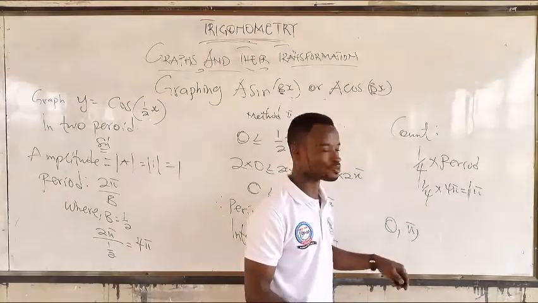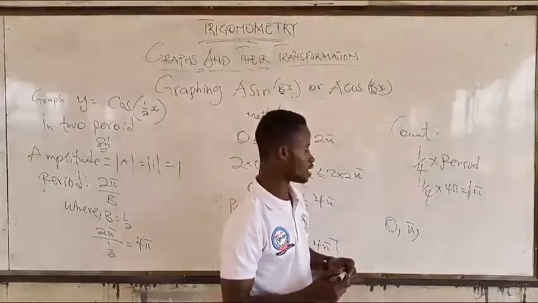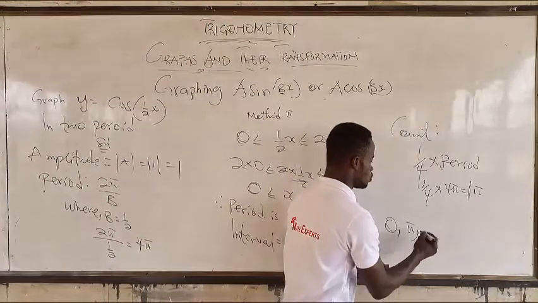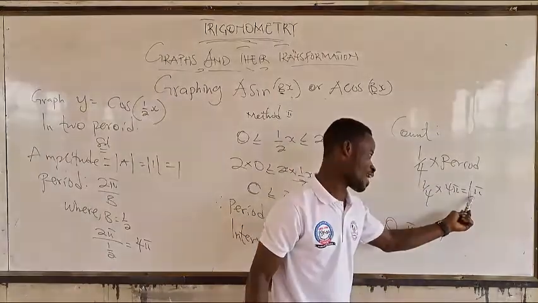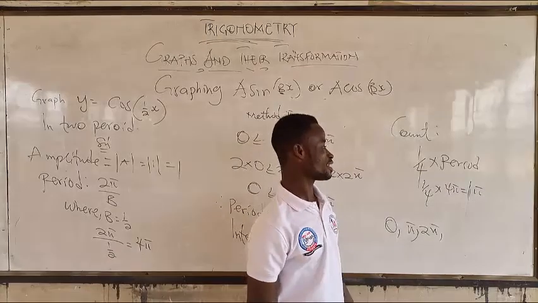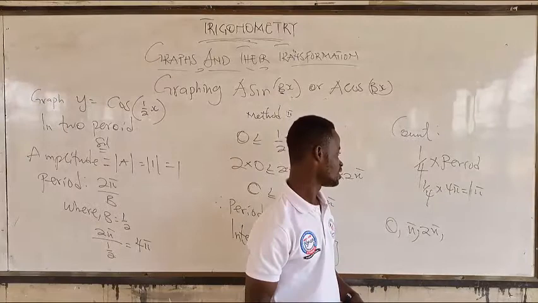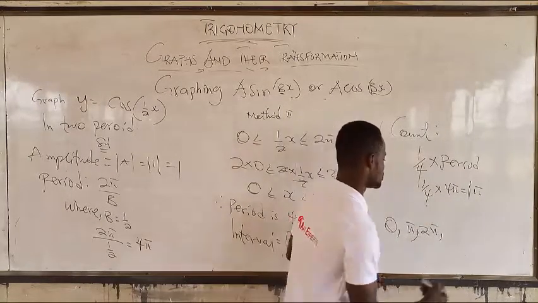Then you add again, 1 plus 1, which is 2. Then you bring your pi. Now you can see the reason why I'm bringing the 1. Very good. So here 1 plus 2, you get 3.